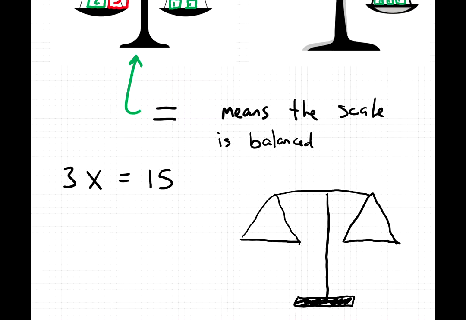Now what we have here is, on one side of the scale we have a 3 times x, and on the other side of the scale we have a 15. And what we want to take this equation and convert it to something that looks like this.